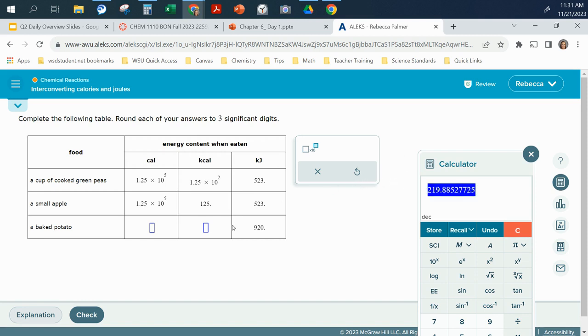Okay, and then this has 3 significant digits, so this number has to have 3. We can just keep 220. I think that will work. We'll check and see if that works. So we just need to keep 3. And then this one, we need to multiply by 1,000. So 220 kilocalories.